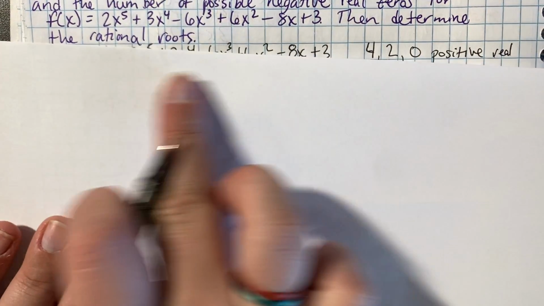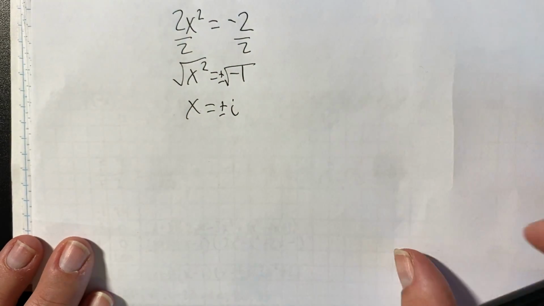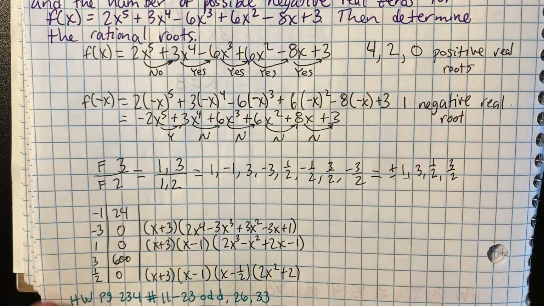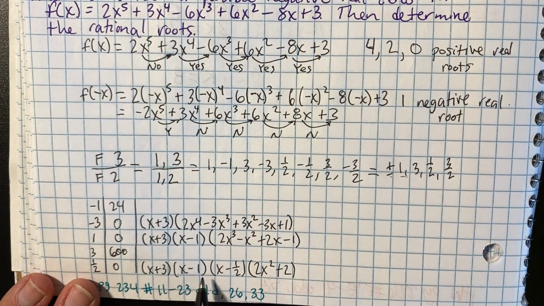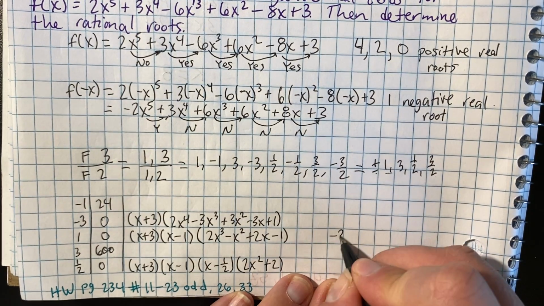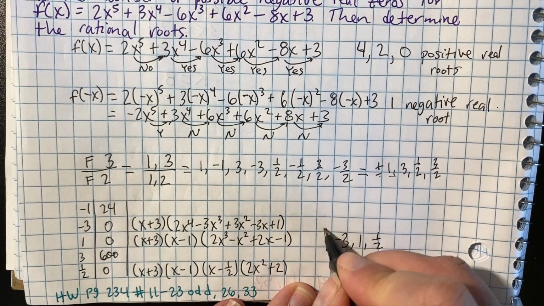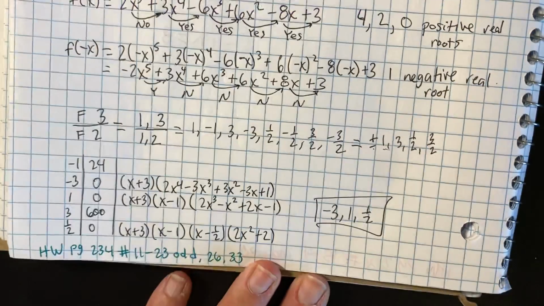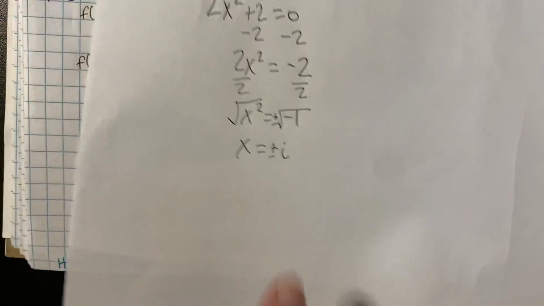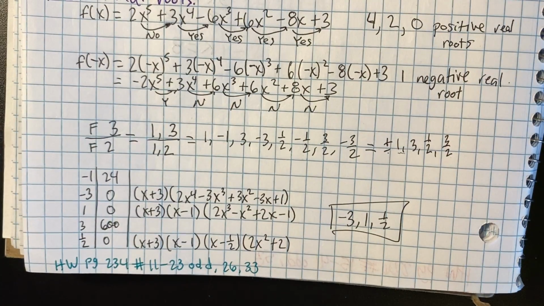And if we go back to our original question, it said determine the rational roots. So we don't want the imaginary, so we don't care about this point here. So our rational roots right here are -3, 1, and 1/2. Those are our rational roots. If it wanted all the roots, then we could keep solving, and plus or minus i are our other two roots. Okay.